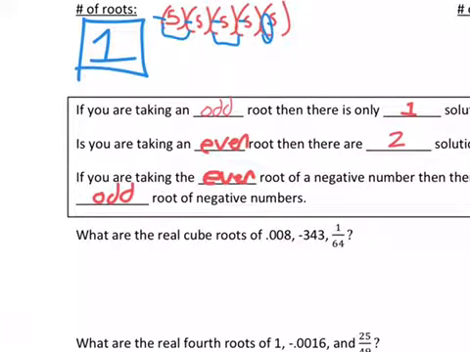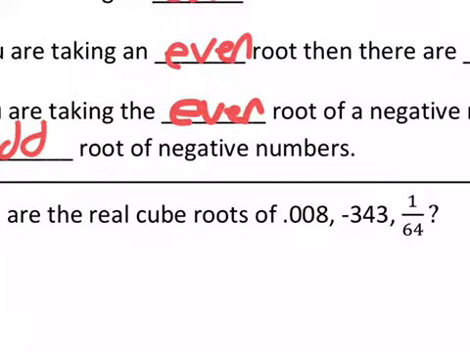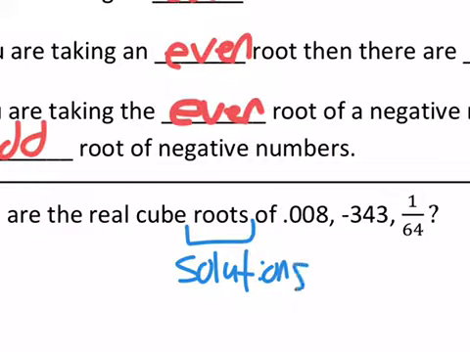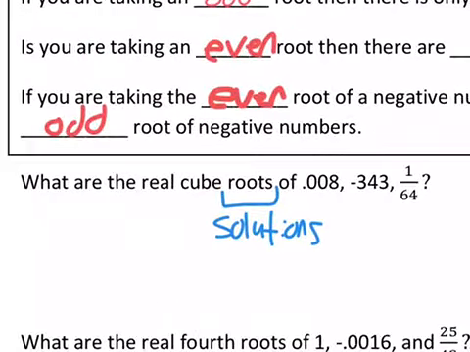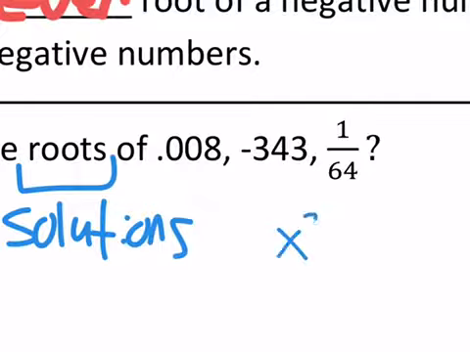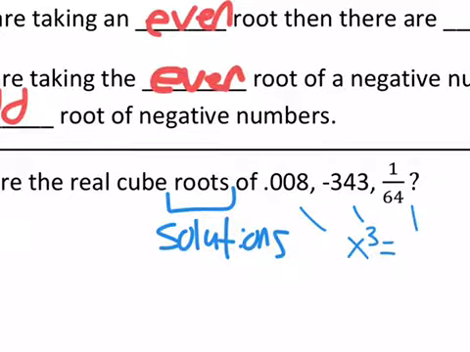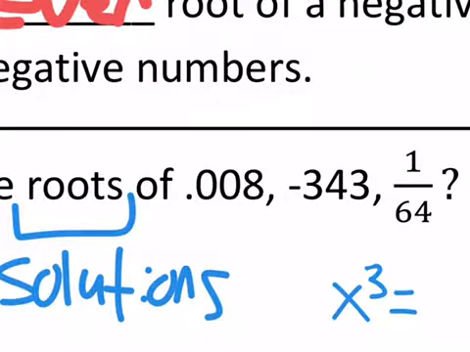Okay? So when it asks what are the real roots, this is another way of asking for solutions, which is essentially saying x cubed could be equal to all three of those different ones. So this is really just a calculator exercise here. When we take the cube root of 0.008, we get that it would be 0.2.